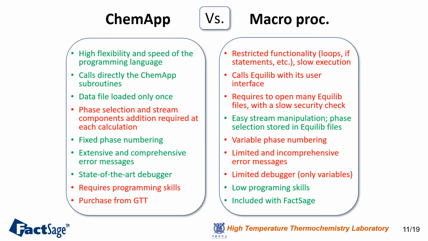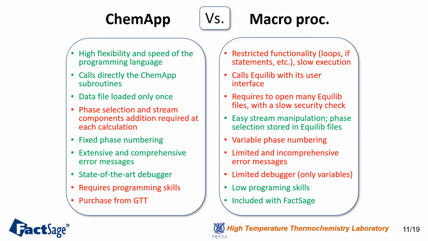In the past, when we developed the process simulation model, we used the so-called package macro processing code, which is already embedded inside the package. However, we found that the macro processing code based model is very slow. So recently we switched our process model to ChemApp, which gives much faster calculation results.